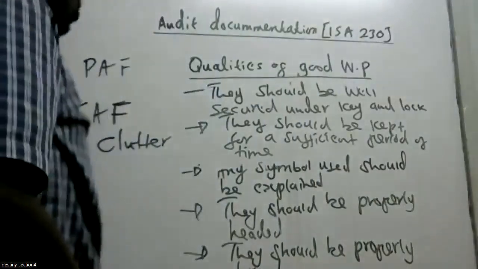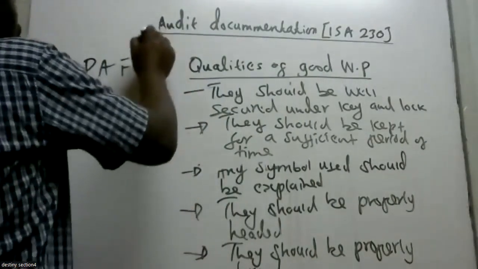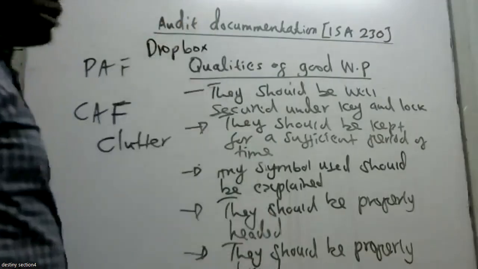E.g. cloud storage, such as Google Drive or Dropbox, which stores documents online, and you can access them from any device.